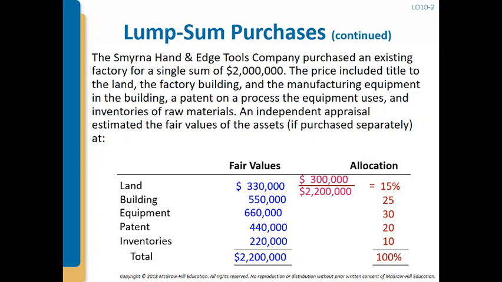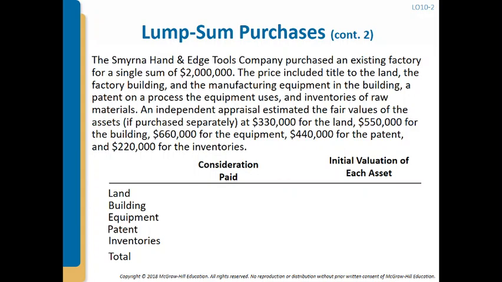And so you simply take the 15% and multiply it times the 2 million single sum. And so, for instance, land is going to be allocated 300,000 of the total purchase price, and so on and so forth for each asset.